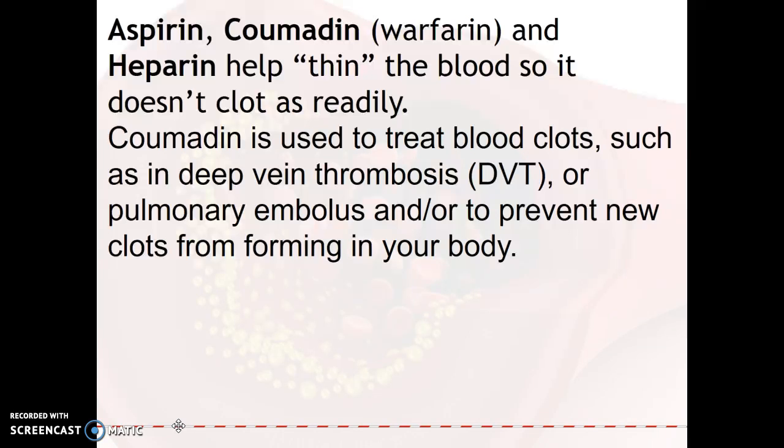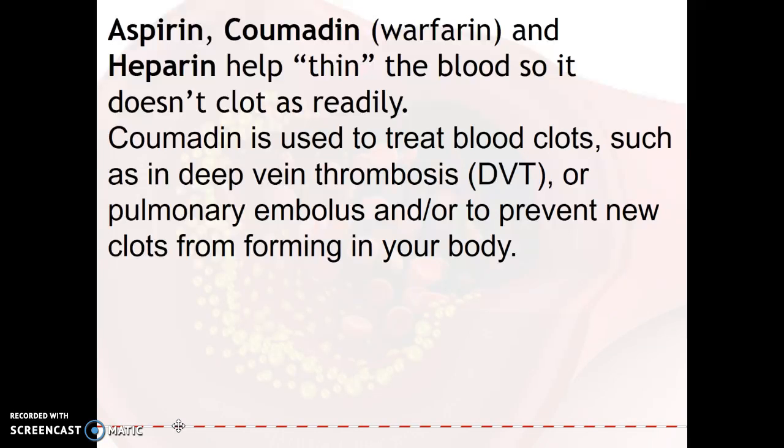So Coumadin is used to treat blood clots, as in deep vein thrombosis. So your deeper veins, if you sit for a long time, like on an airplane or drive a lot like a trucker or something like that, you're putting a lot of pressure. You're pinching your veins, your deep veins, not superficial, but deeper. You're pinching them, and the blood might start clotting in there.